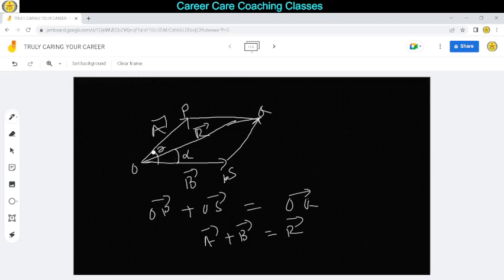We can measure the angle theta, which is given initially, and we can measure alpha. This will give the direction of the resultant. So this is all about vector addition by using the graphical method.